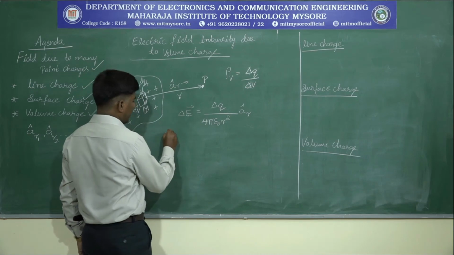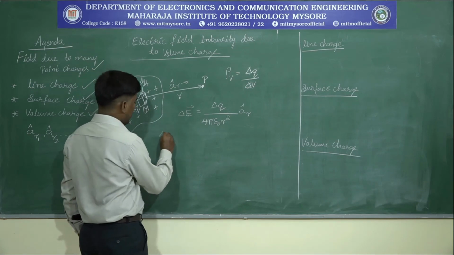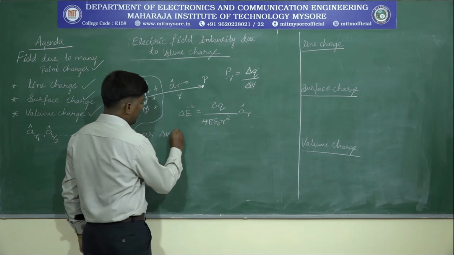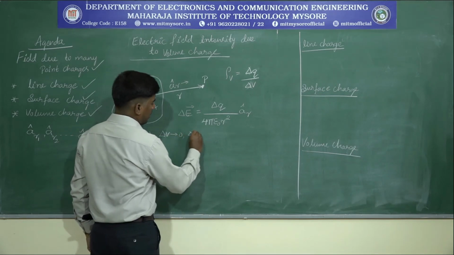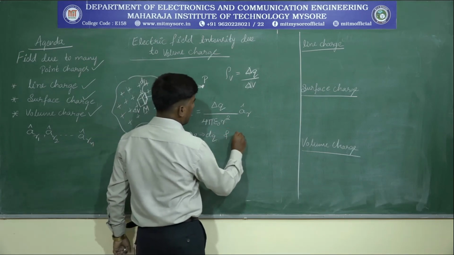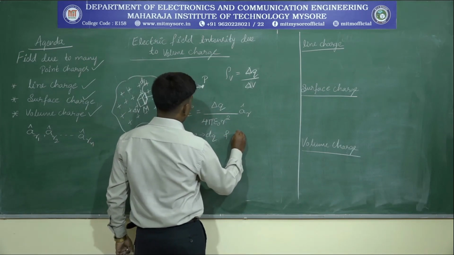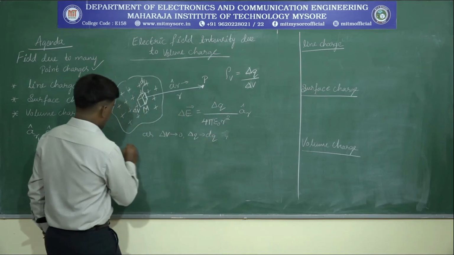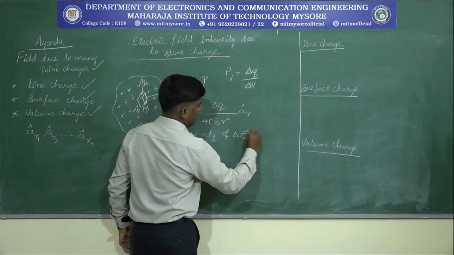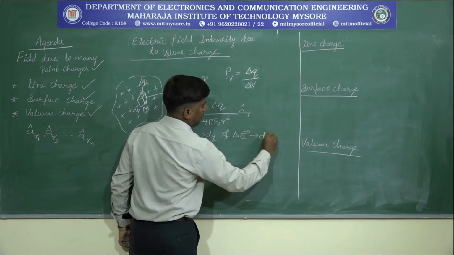We know that as per the limit, delta V tends to 0, delta Q becomes dq, and delta E becomes dE.